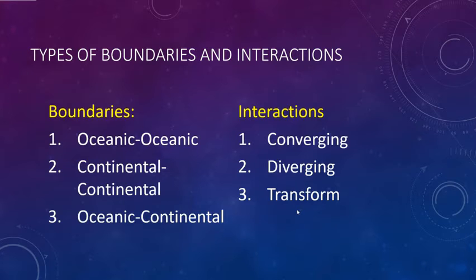And as we're going to see in the diagram later, the three types of boundaries in general can have all three types of interactions, with maybe one exception. But we're going to see there's going to be overall 8 different types of plate tectonic interactions when you combine the different boundaries with the different interactions.